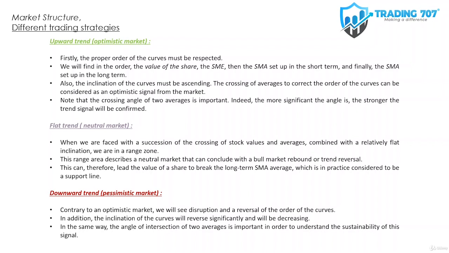We will find in order the value of the shares, the exponential moving average, then the simple moving average set up in the short term, and finally, the simple moving average set up in the long term. Also, the inclination of the curves must be ascending. Then, note that the crossing angle of the two averages is important.